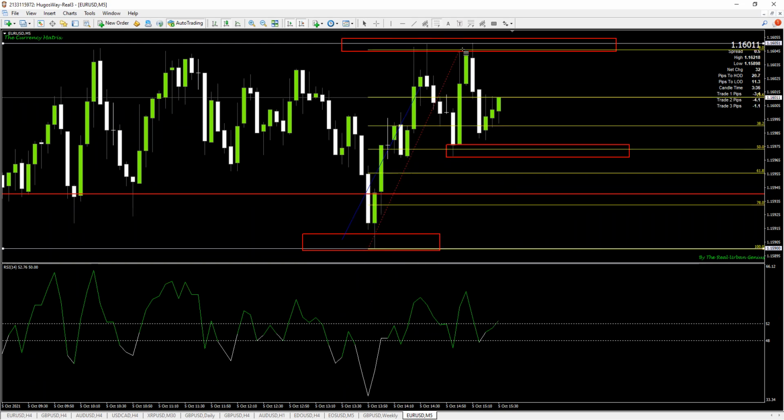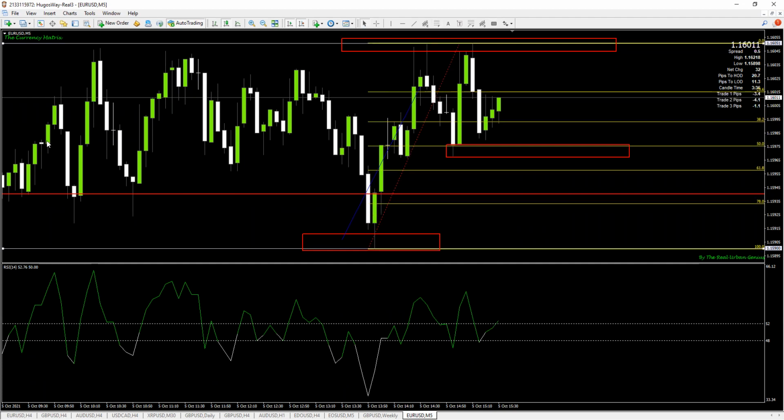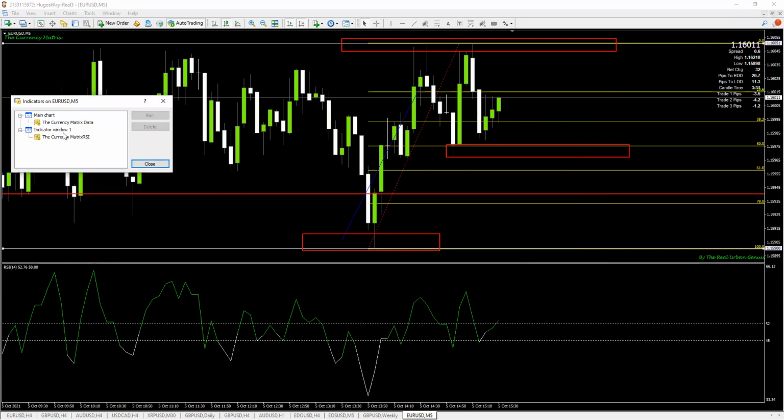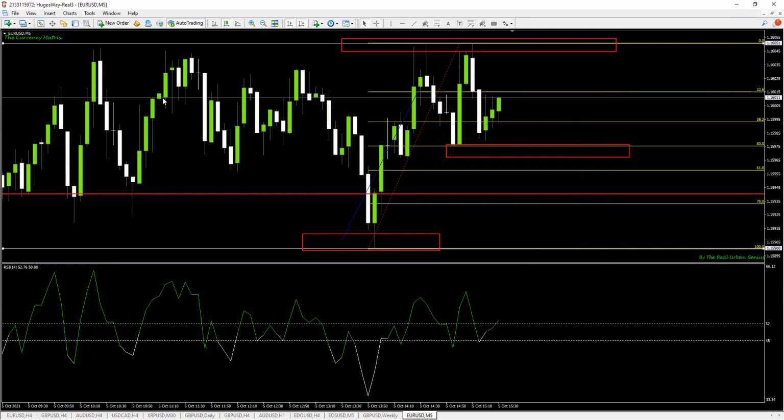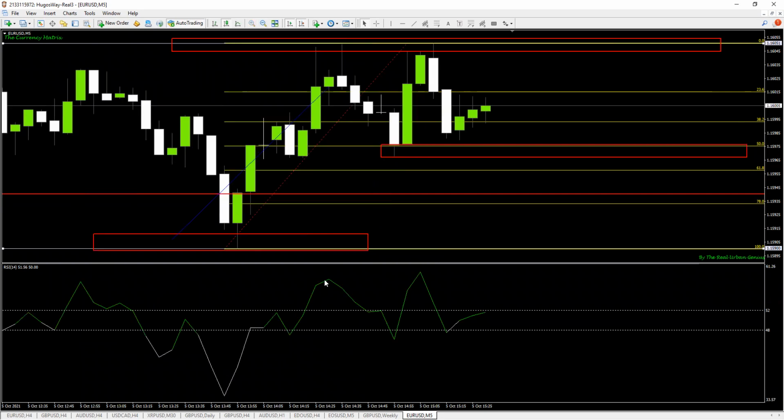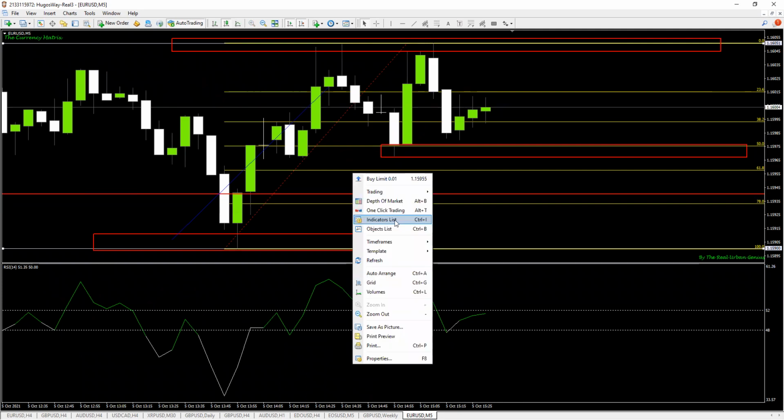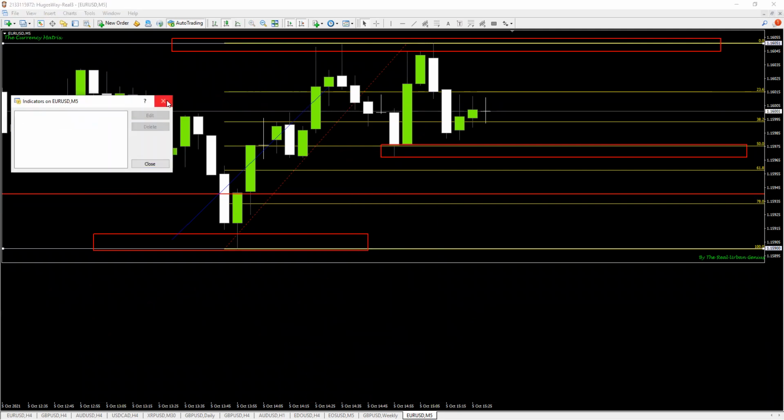Swing low, 0 to 0. We can look at our Fibonacci there and see 0 to 0. Now, as far as this particular, I'm going to take the RSI completely off so we can see a little more of the chart.